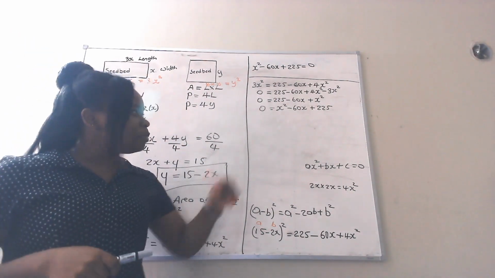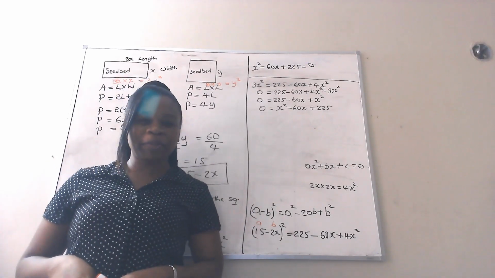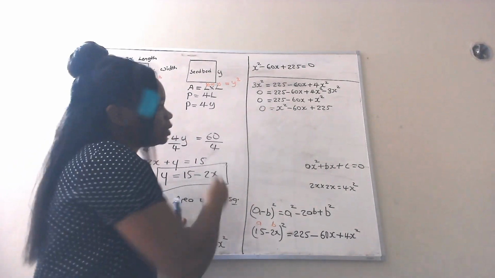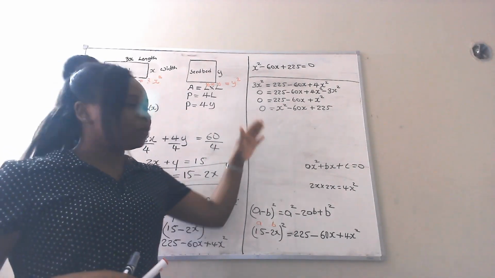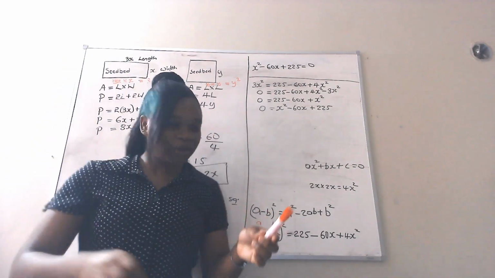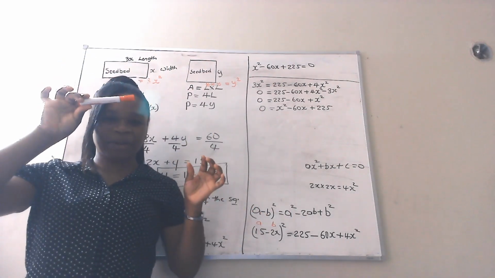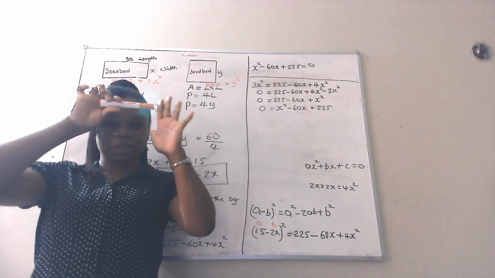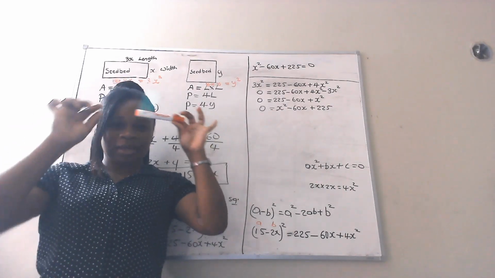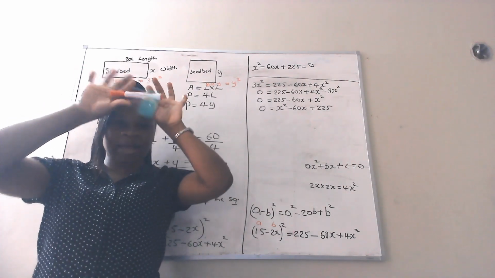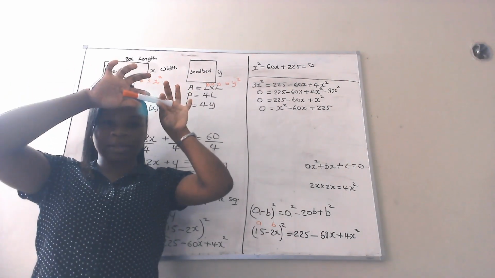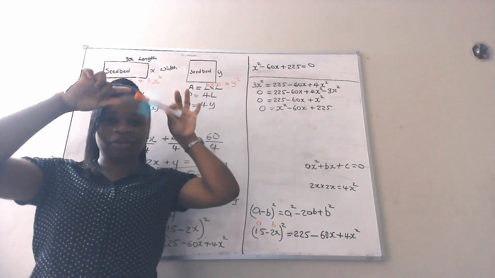Now, I know that this may look funny to a lot of people because you're used to the 0 being on the right. So it looks very funny when it's on the left. But what you could do is look at my marker. On one side of my marker, it's red, and the other side, it's white. If I just flip my marker, I now have white on the one side and red on the other.